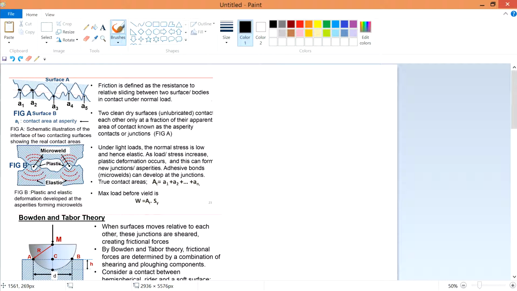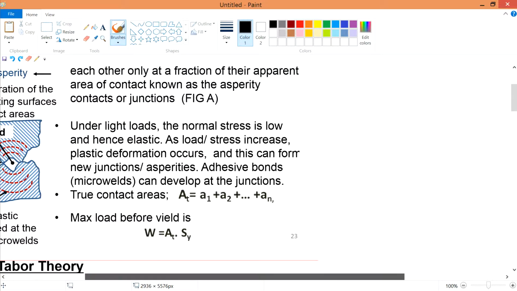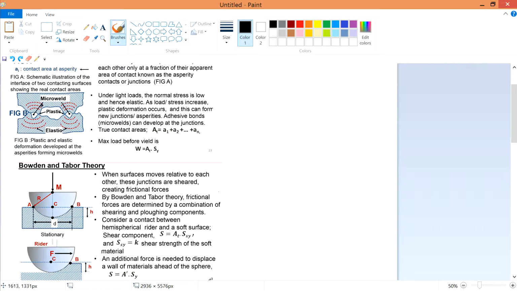So this picture is showing you micro welding. Why is it micro welding? It's talking about different metals. If you have these asperities, they touch each other. When you start to move, there will be friction, with certain forces and certain stress. This amount of stress will cause permanent yielding, or deformation.